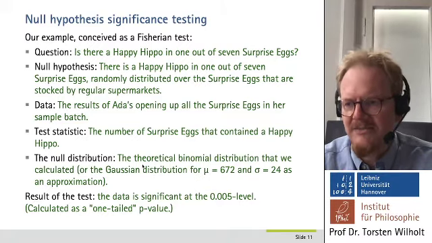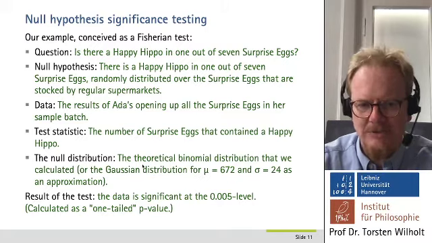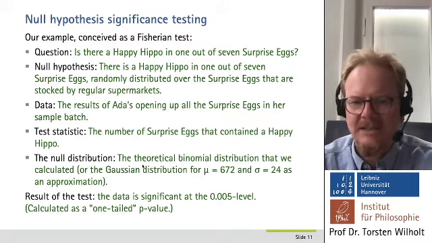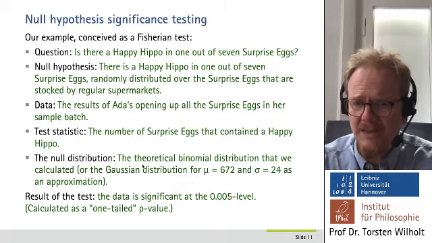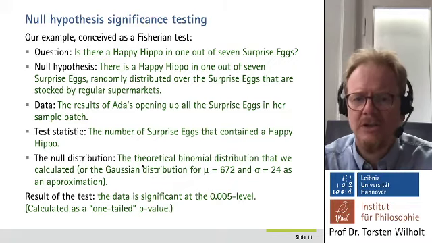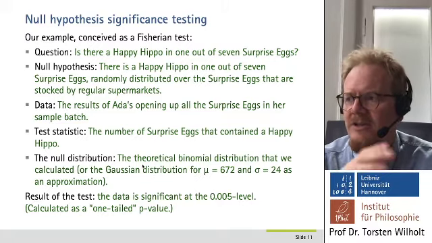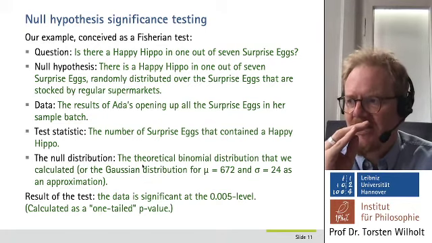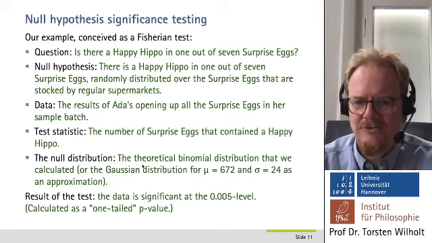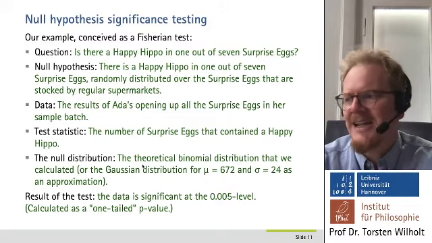The significance level is also called the p level or p value. That is the probability of getting your observed results, or a result of that kind, if the null hypothesis is true. In this case, I've calculated the so-called one-tailed p-value.